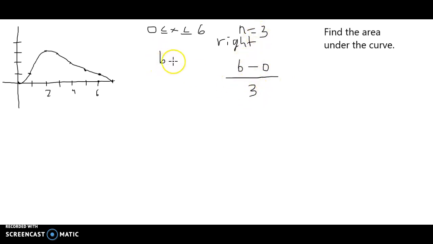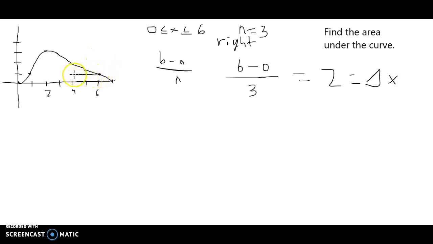So b minus a over n is the equation. And so this equals 2. And so now we know delta x equals 2. Okay, so we know the width in between each rectangle is 2.